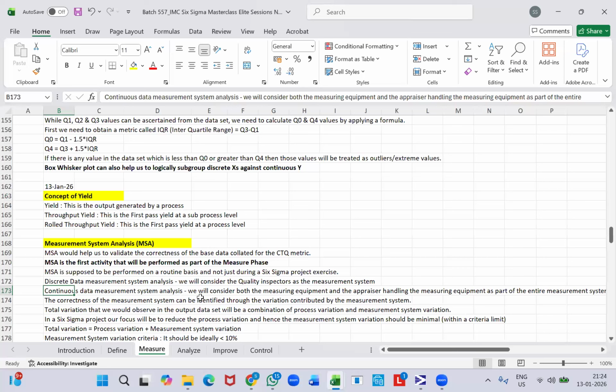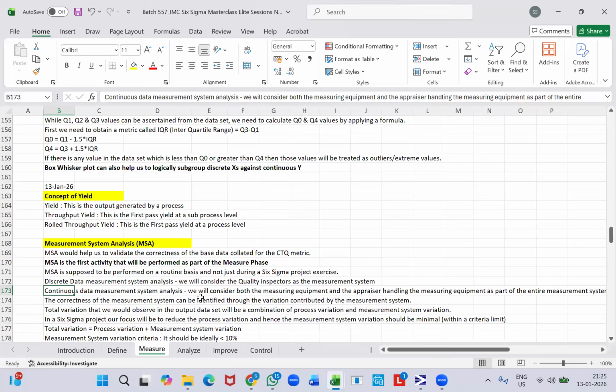One is the measuring equipment that we would consider for measuring the unit item, and the other one is the appraiser who would be handling the measuring equipment in order to measure a unit item. So these two entities will be part of the entire measurement system as far as continuous data is concerned. Discrete data is all about the inspection activity, so only the quality inspectors will be part of the measurement system.